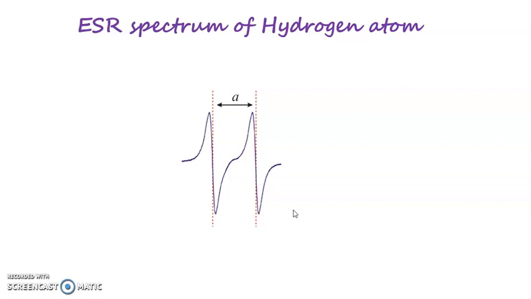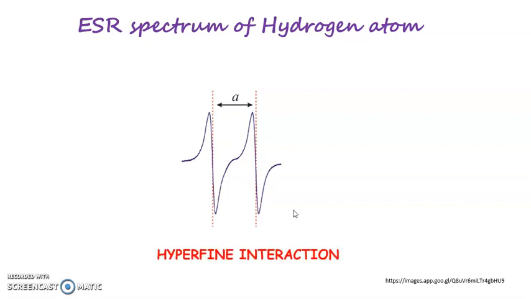Like in NMR, this can be explained in terms of interaction between electron spin and nuclear spin, and this interaction has been termed hyperfine interaction.